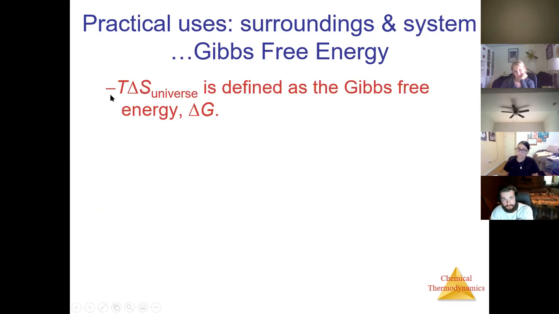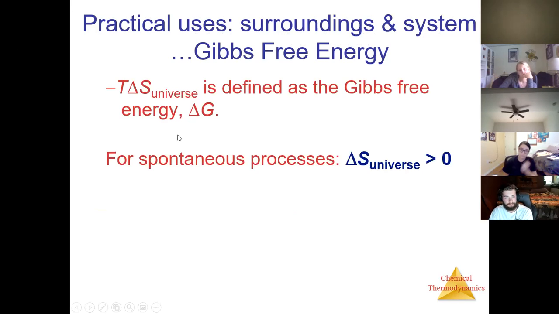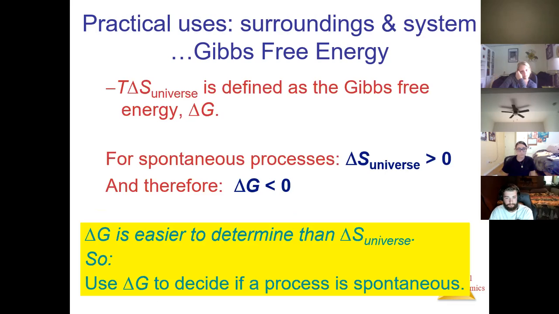Delta G is equal to negative T delta S, so it's negative then. Understand that, guys. Delta S universe positive, spontaneous. Because there's this negative sign in front of it to equal delta G, that means my delta G has to be less than 0.